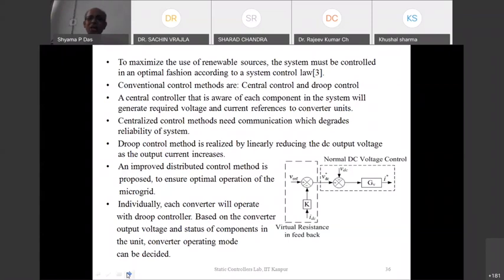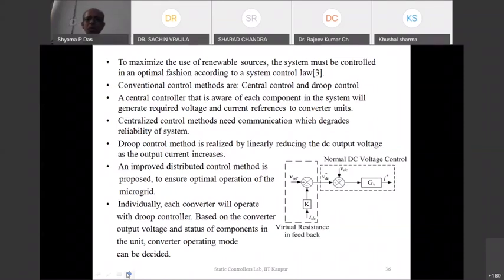Similarly, if we are drawing more and more load from the PV converter, the PV converter reference will also decrease. Similarly, if we draw more and more current from the utility interface converter, the utility interface converter DC voltage will gradually decrease. So that converter will basically give less and less voltage. So automatically the current will be regulated.